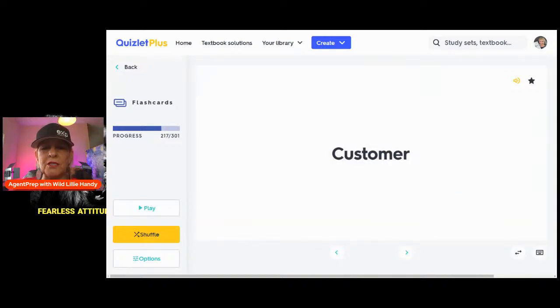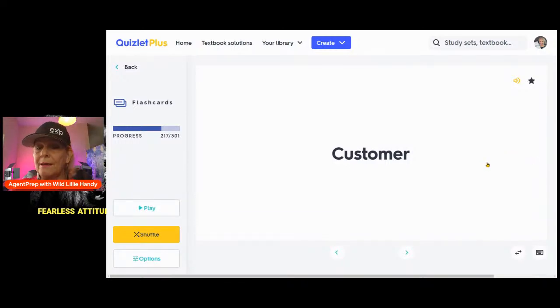Oh, who is the customer? Somebody type in the chat, who is the customer, or what is a customer? Do we owe them fiduciary duties or not? Just really quick, okay? Who is a customer? Do we represent them or not? We do not.